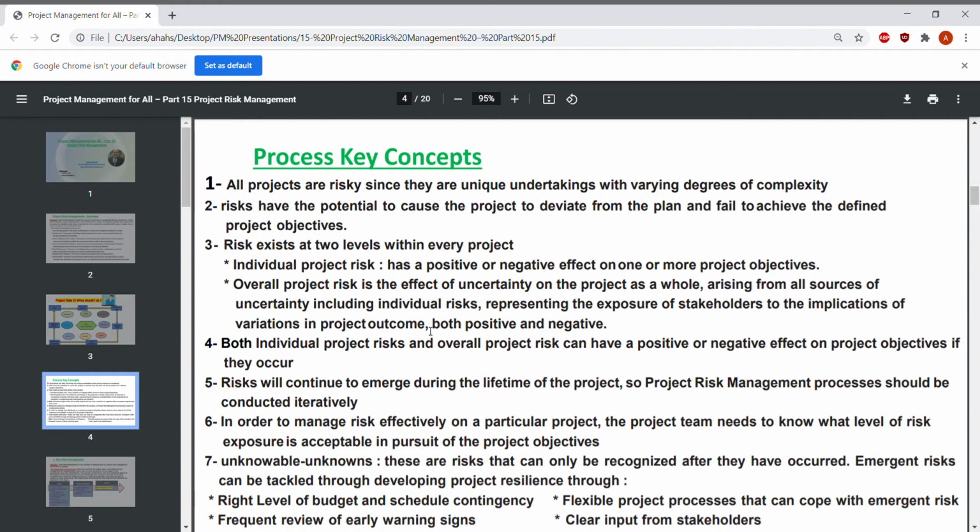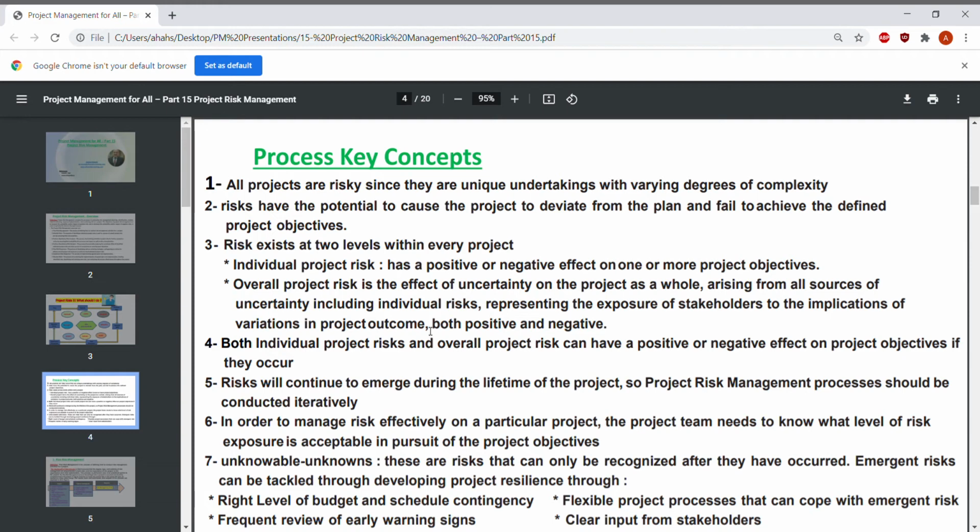But the overall project risk is the effect of uncertainty on the project as a whole, which affects the project as a whole. The fourth concept is both individual project risk and overall project risk can have a positive or negative effect on the project.